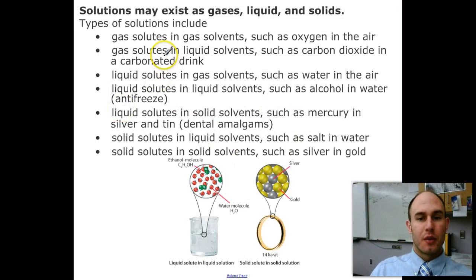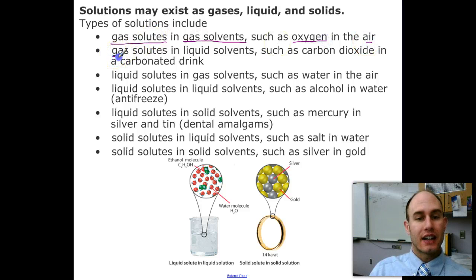There are also different types of solute-solvent combinations that we can have, and it's really the three states, gases, liquids, and solids, that can all dissolve in one another. Gases as a solute can dissolve in other gases, such as oxygen in the air.